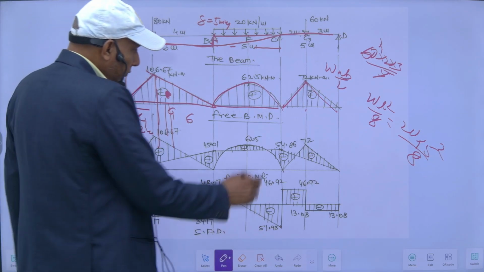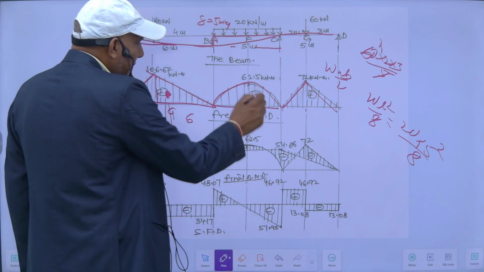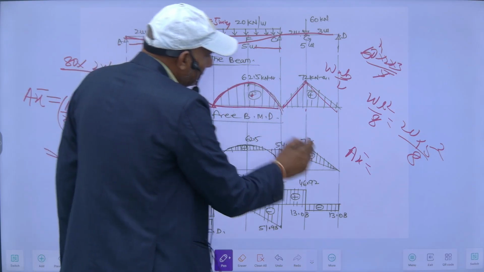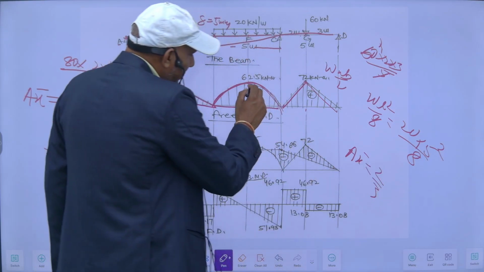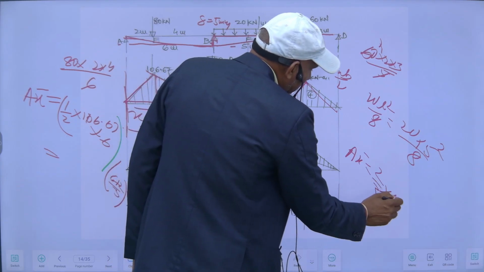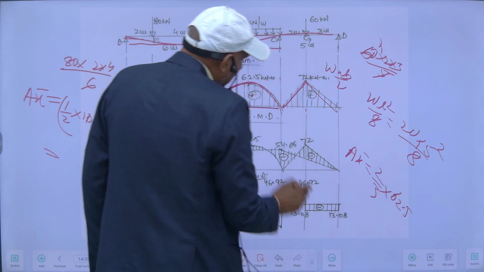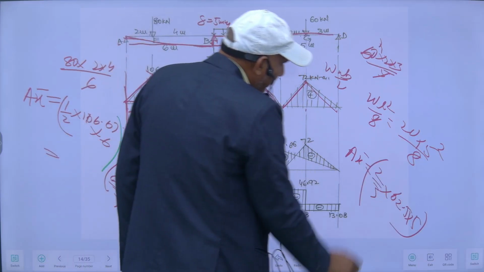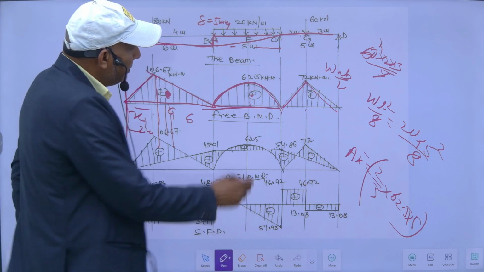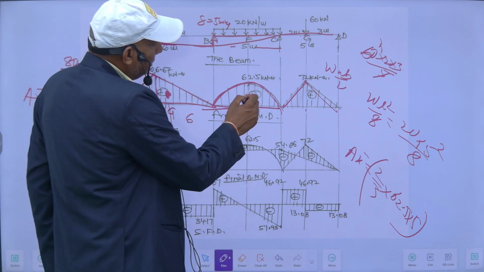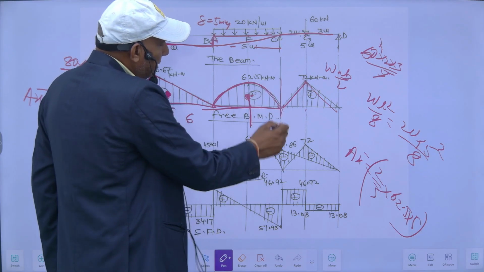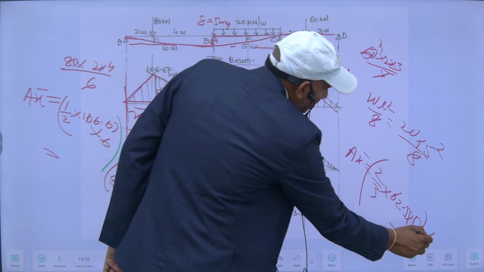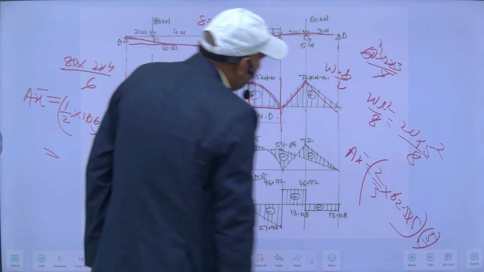Similarly, for this span, the area will be, this is a parabola, so 2 by 3 of this ordinate into this length. This is the area, and its centroid will be at the center. It is symmetrical, so the distance from this point will be half of this, which is 5 by 2. With this I will get this one.